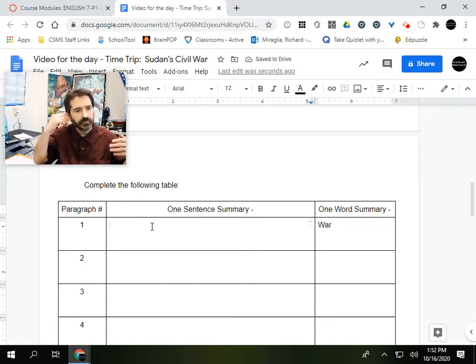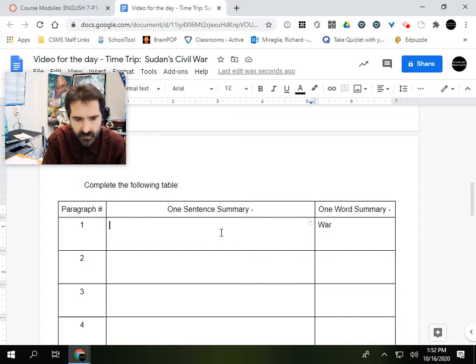One of the things you can do is open up another tab to have the article, or you could scroll. I have the article here too. For my one-sentence summary, I'm going to start off by restating the question. When you do tables and charts, you don't always have to write sentences, but here it's asking for a sentence.